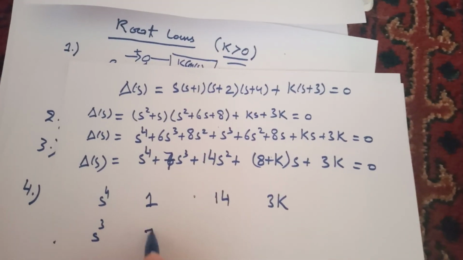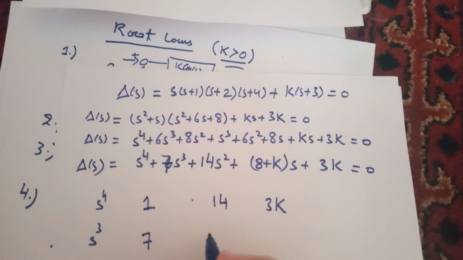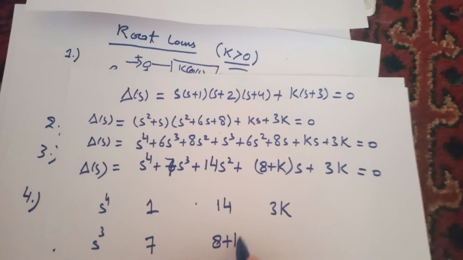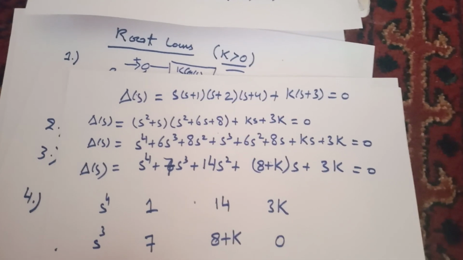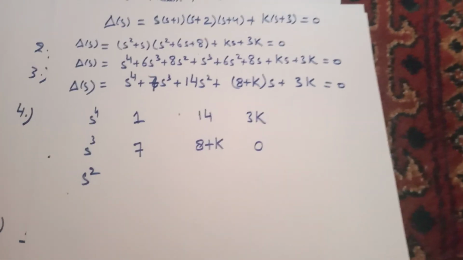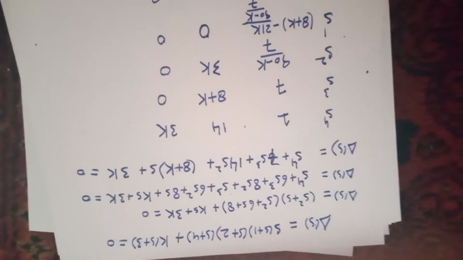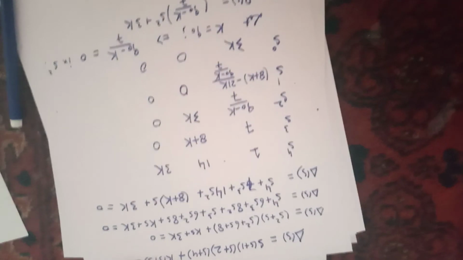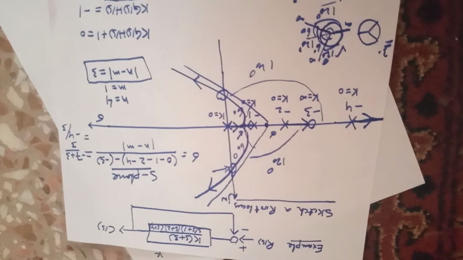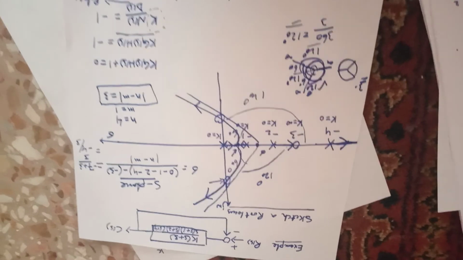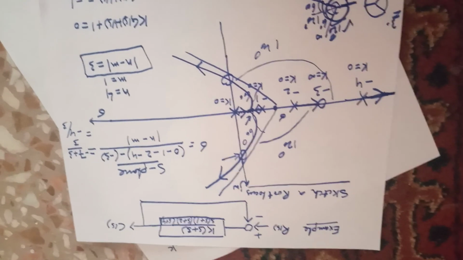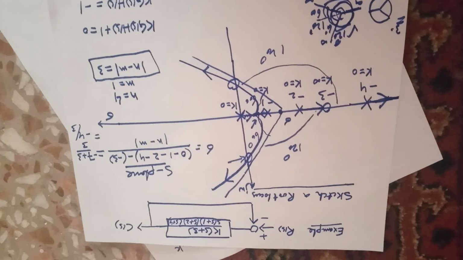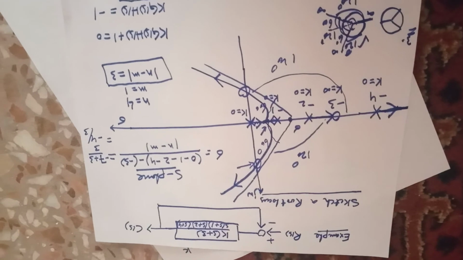For s cube it is 7, then we have 8 plus k, and we have 0. Now for s square. We can use this Routh table and easily find the values of this j omega axis crossing. So this is the way we can sketch the root locus easily. I will stop here and we will continue with the next example in the next video. Thank you.